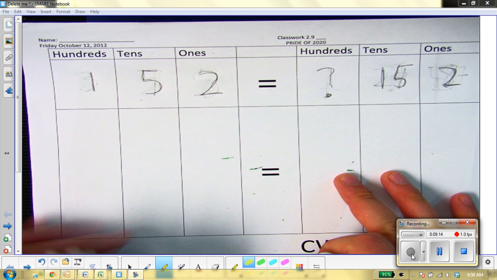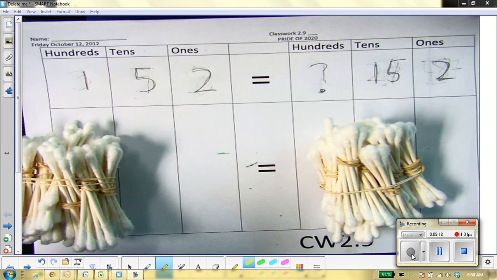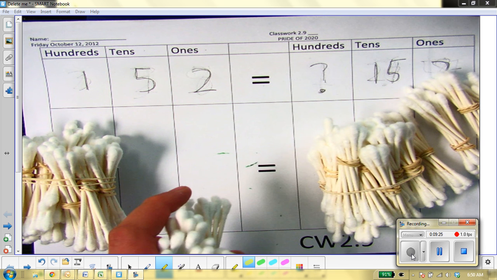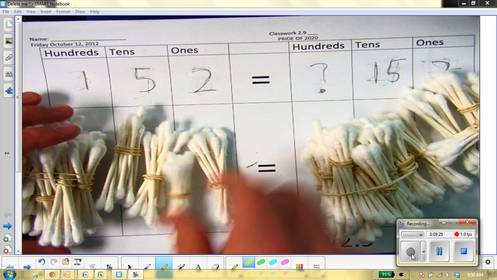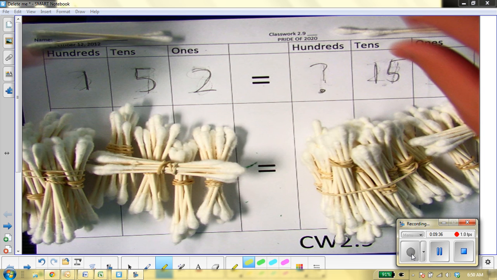Here's my 100 on both sides. Here are my 5 tens on both sides. Here are my 2 ones. Since my ones don't change, I'm going to put them up here again.